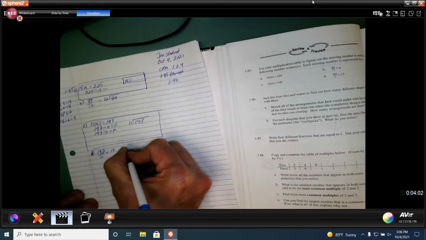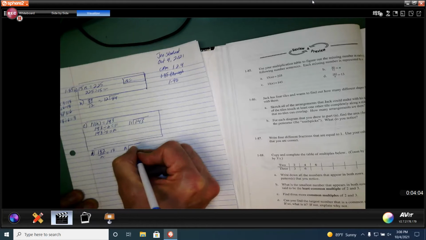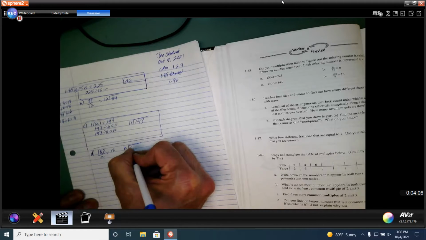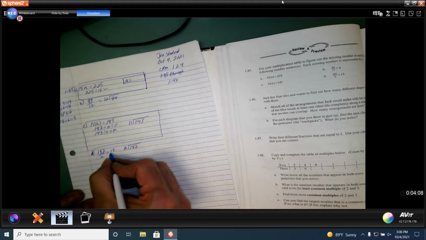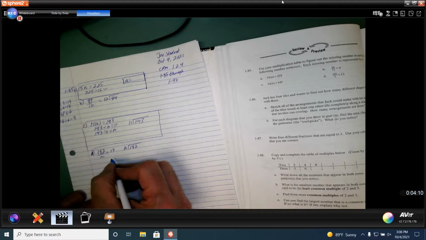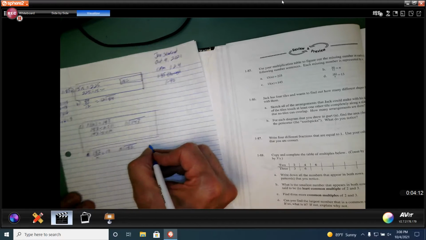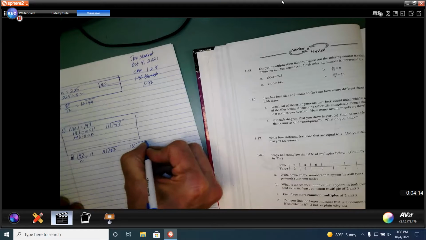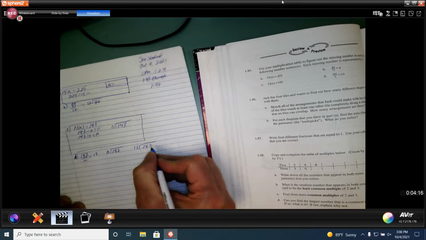Well, remember what that means. The first number goes inside the box. But this also means that 182 divided by 13 equals n. So let's try this to figure out what the answer is. I think that's enough of a hint for you guys to go do this.